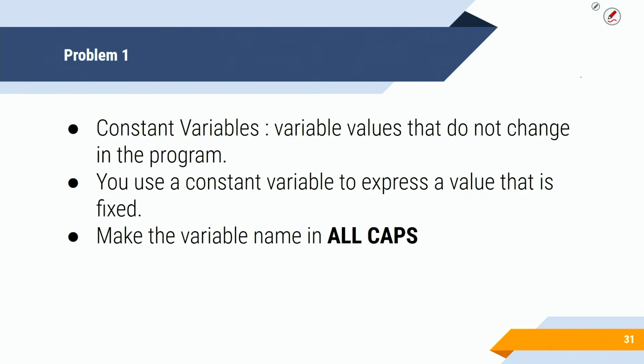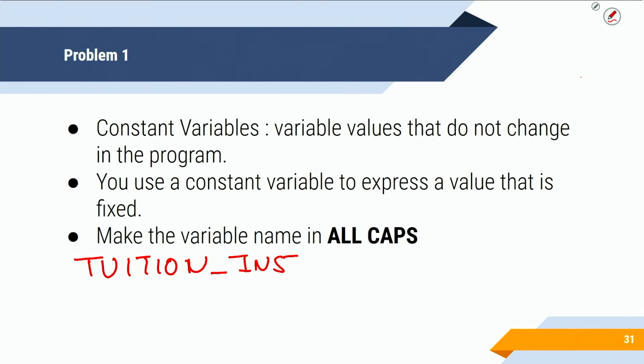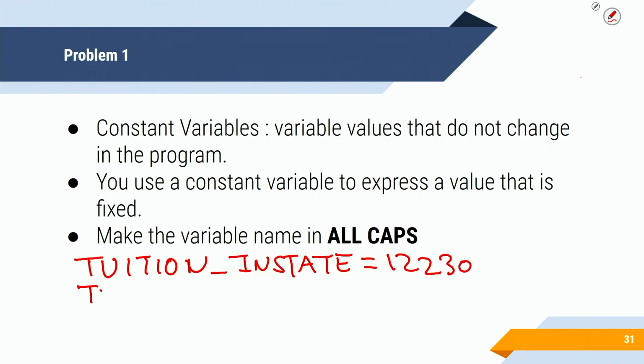So some possible constant variables that we could use inside of this problem, I'm just giving some examples here: for tuition, we'll call it tuition in-state, and that was $12,230. And then let's say we had another tuition rate, out of state.